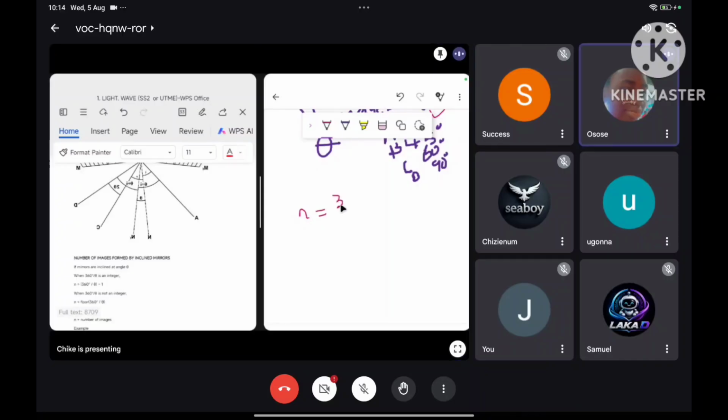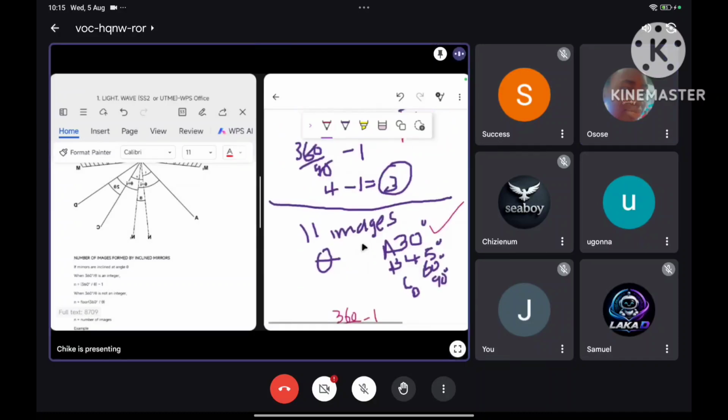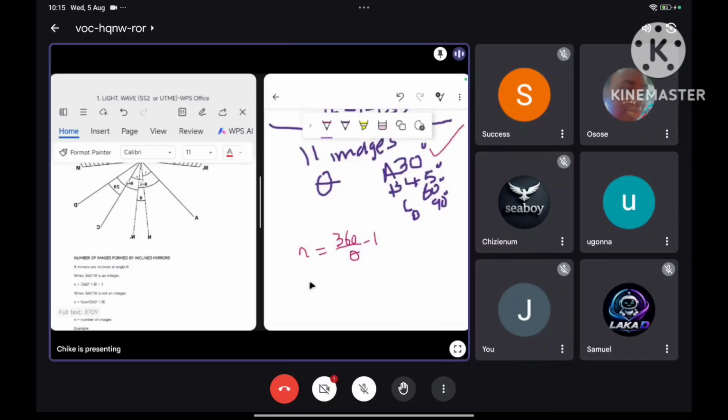Now let's solve. The number of images formed is equal to 360 over theta minus 1. As they told us, we have 11 images formed. They now told us to look for the angle that they are both inclined to each other at.